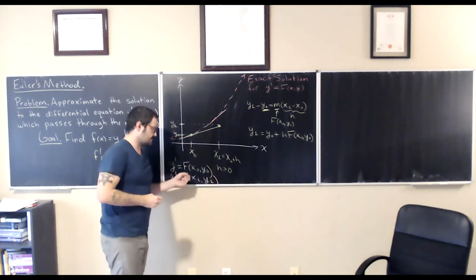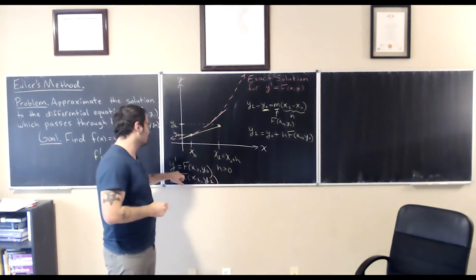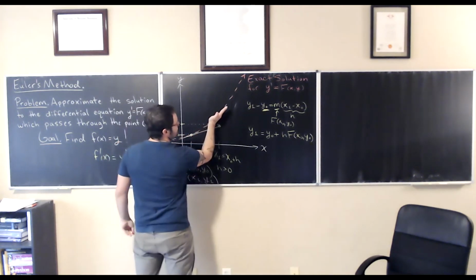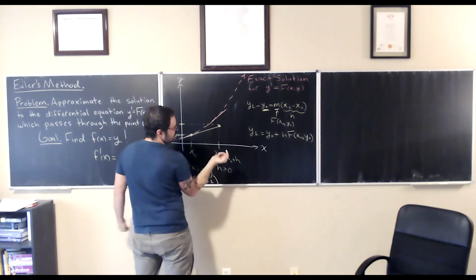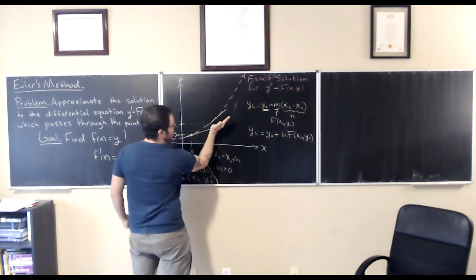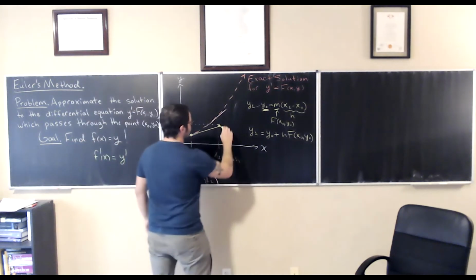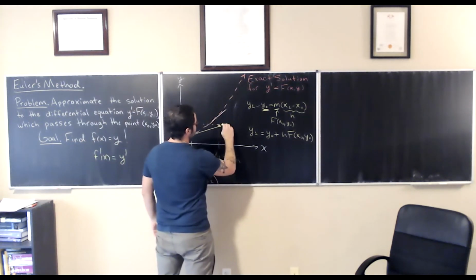At each point, for each value of x and y, we know the derivative, or the slope of the tangent line. So if the actual solution has a tangent line like that, then if we're trying to approximate it, we should mirror what's happening there. So we're going to mirror that tangent line.